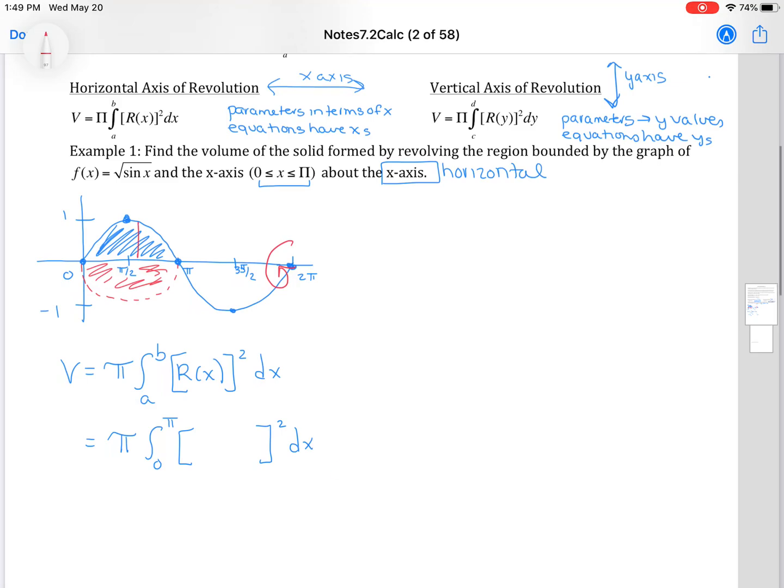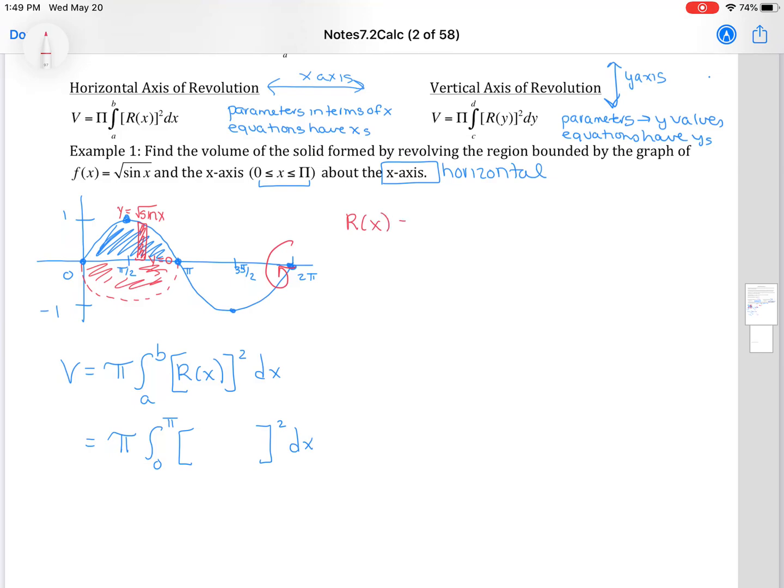The uppercase R of x is the distance from the function to the actual axis of rotation. What I always like to do is draw yourself a little rectangle in here. The top of the rectangle is at the square root of sine of x, y equals, or f of x equals. The bottom of the rectangle is at the x-axis, which is y equals 0.